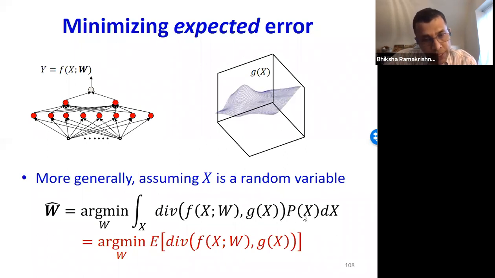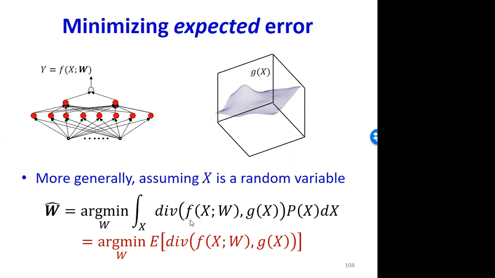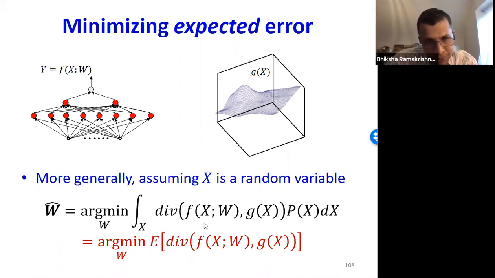So this is the actual function we're going to try to minimize. It's the divergence between the actual output of the network and the desired output of the network, weighted by the probability of that particular input, integrated over the entire input.